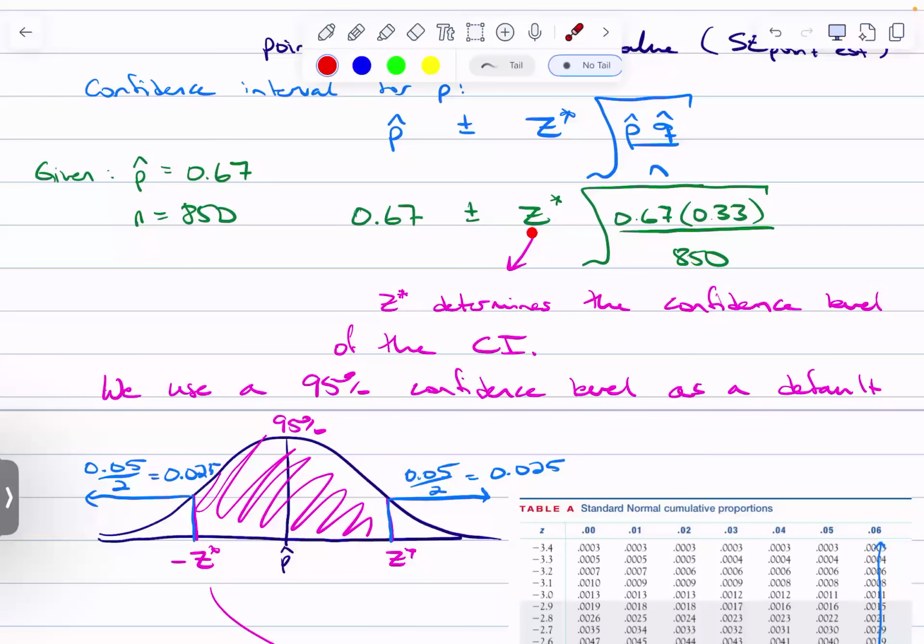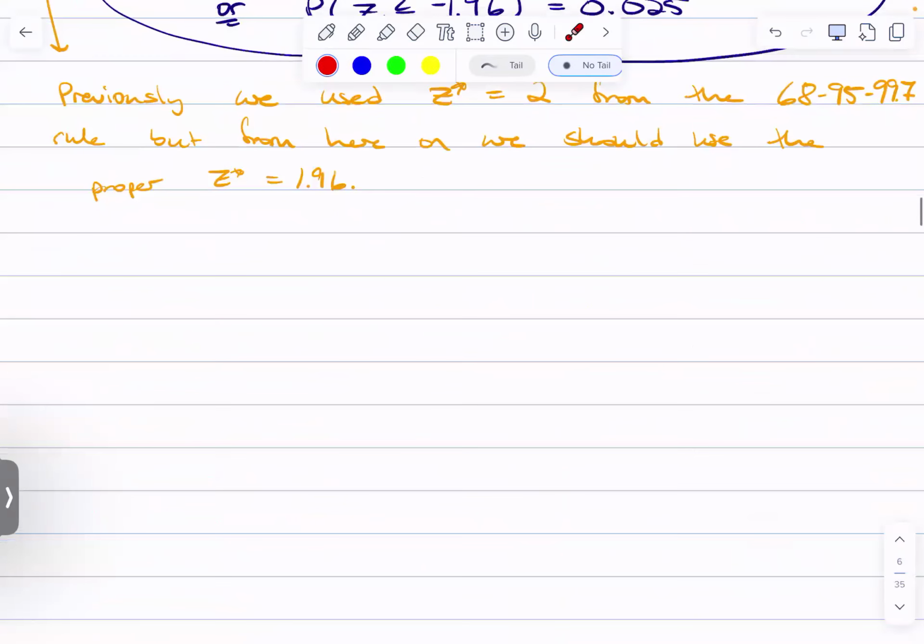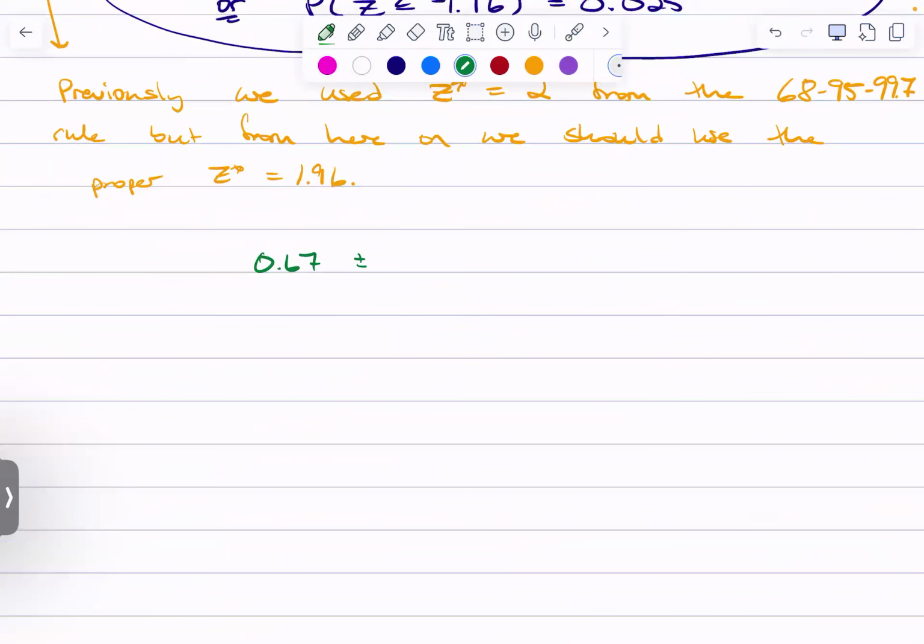That was our missing piece, right? From 0.67, we have to go down and up 1.96 standard errors, right? So let's do that. I'll bring it down here. 0.67 plus minus 1.96 times the square root of 0.67 times 0.33 over 850.